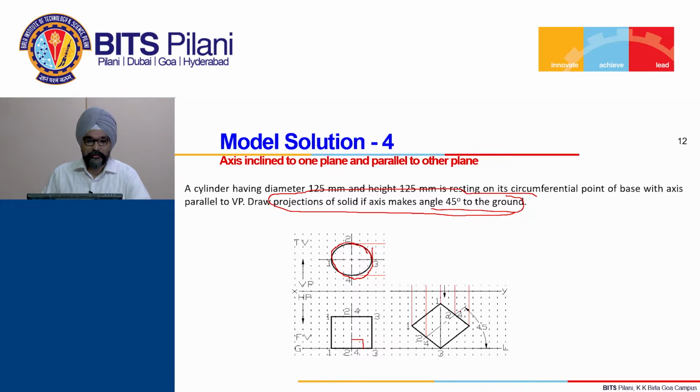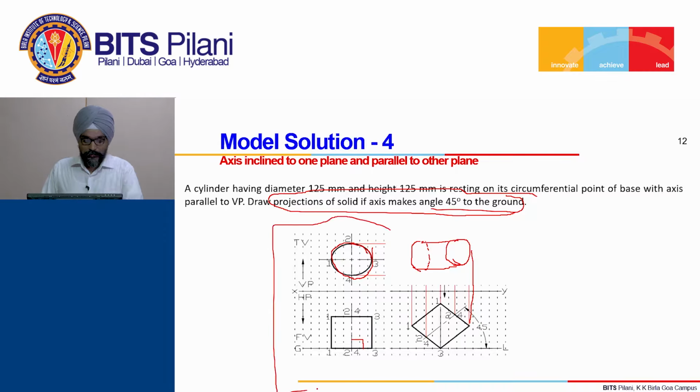From there we draw the solid again, and we draw the bases. Finally in the top view this is how the cylinder will look like. The top base will be visible, the bottom base will not be visible, and we must note that if the initial position is not there, we will not get the points for getting the distorted view.